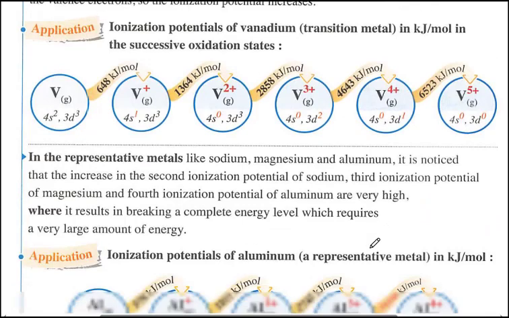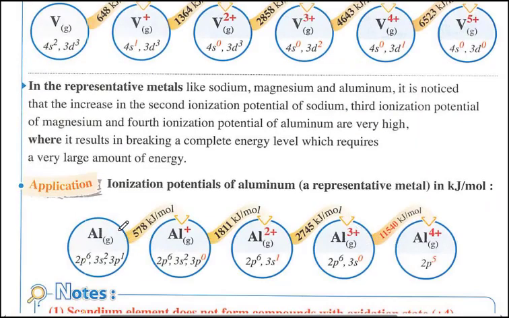But if you look at representative elements like magnesium, sodium, and aluminum, it is very difficult to acquire the next oxidation state: +2 for sodium, +3 for magnesium, and +4 for aluminum, as when we want to acquire sodium +2, we will break a completely filled electron shell.